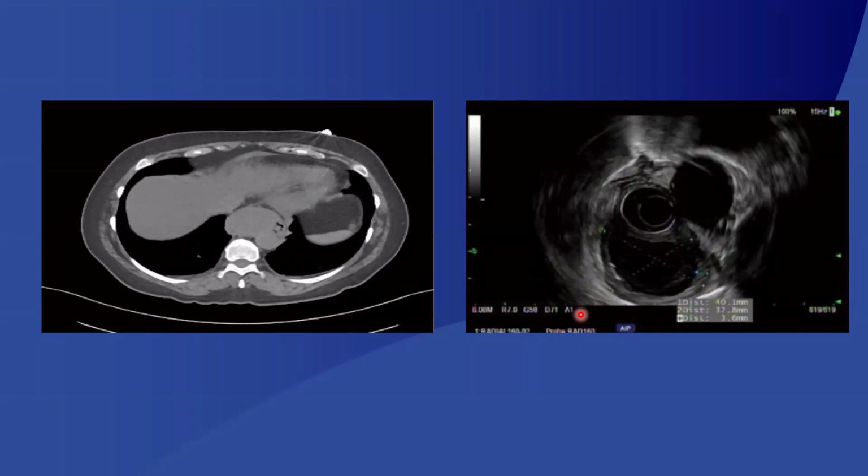On endoscopic ultrasound, it is a well-circumscribed anechoic lesion arising from the muscularis propria layer and shows a double-layered smooth muscle wall. EUS is the most specific imaging modality because it confirms the intramural origin and continuity with the muscular wall.